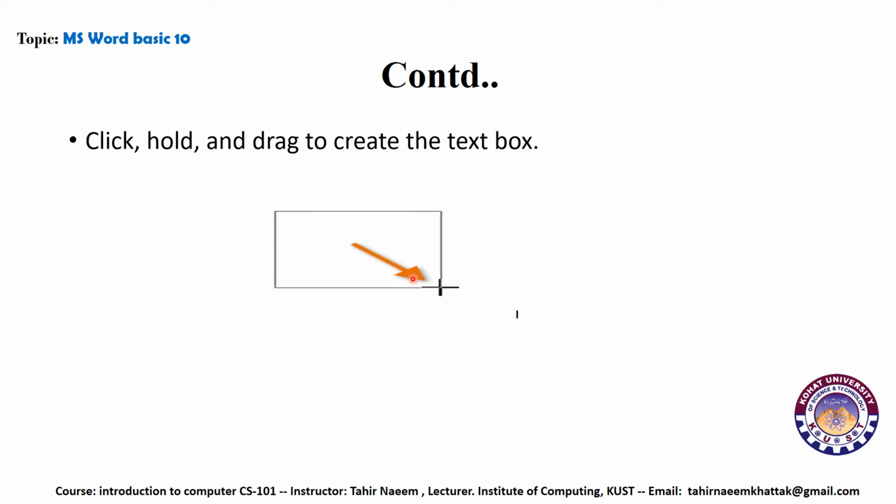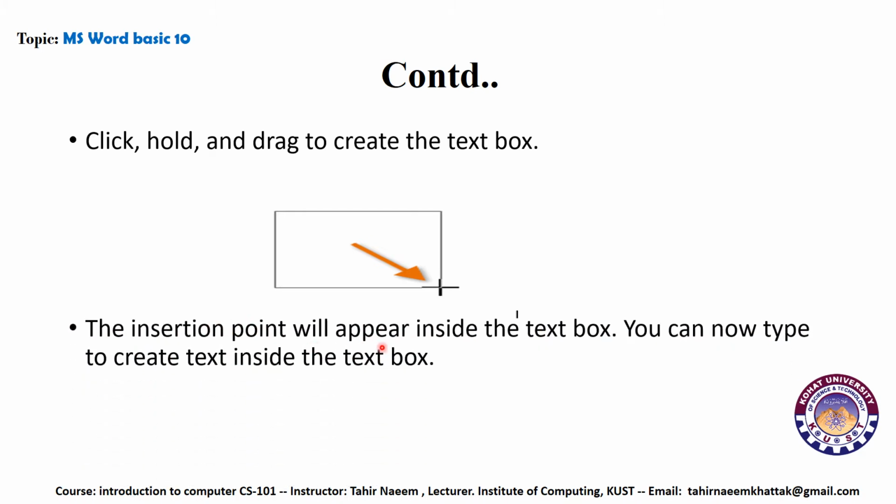As you can see, this symbol will appear and we have to click on it and drag it this side. An arrow is given showing that we have to drag it towards here, or if you want to drag it further towards here, while holding the click or Shift plus the left mouse key, then our text box is created.